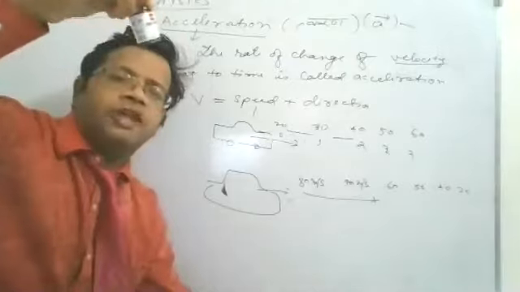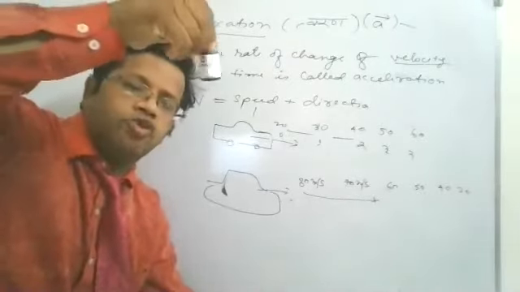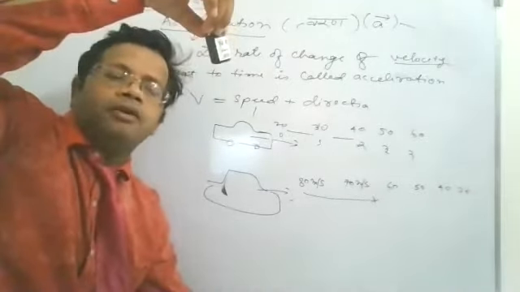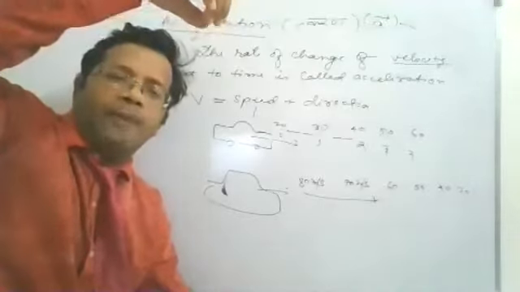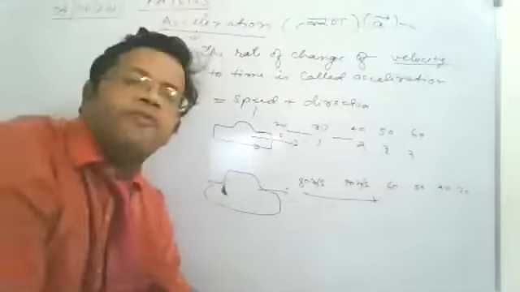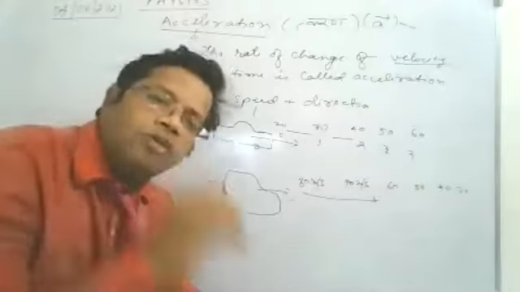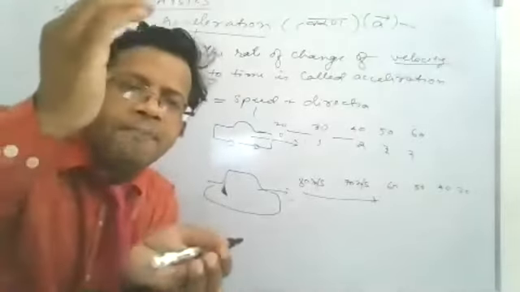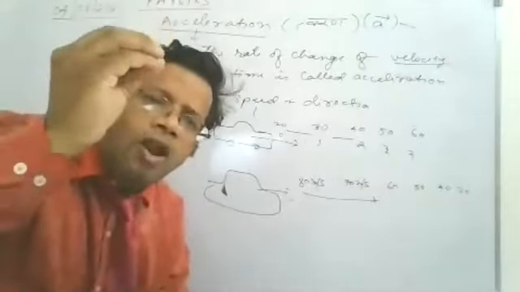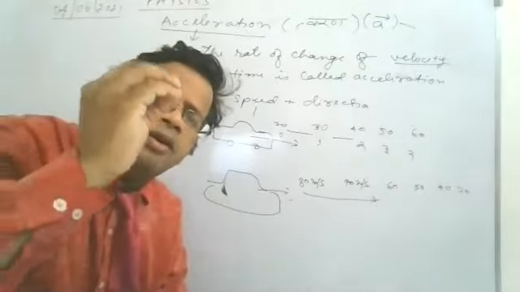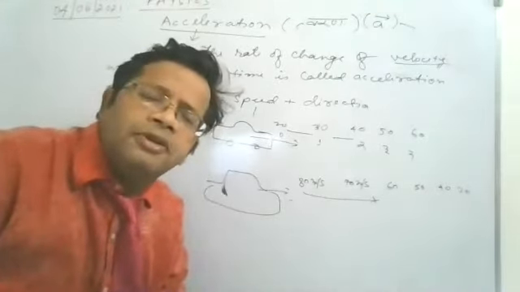But see here, let us see an example of uniformly accelerated motion. If you are dropping any body under gravity, what will happen? Because of the gravitational force of attraction, the ball or any body gains velocity.